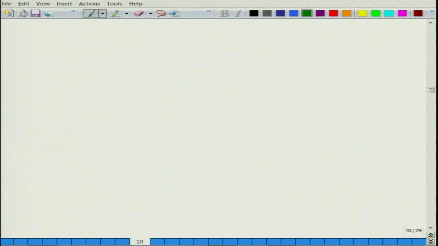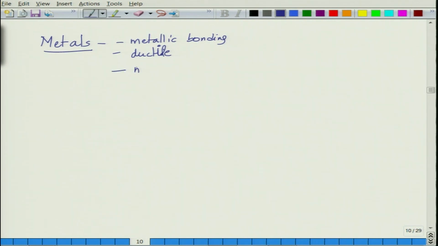So in metals, which show metallic bonding and are ductile, they show wide dislocations.